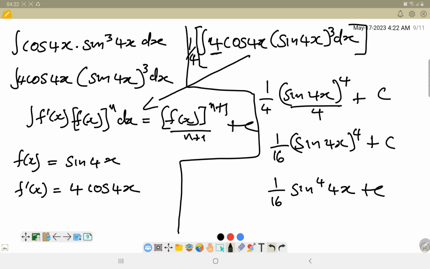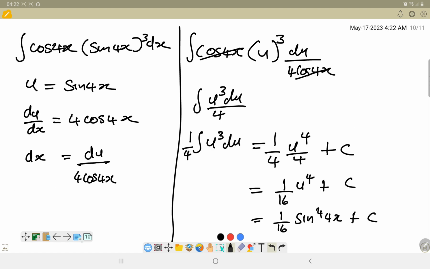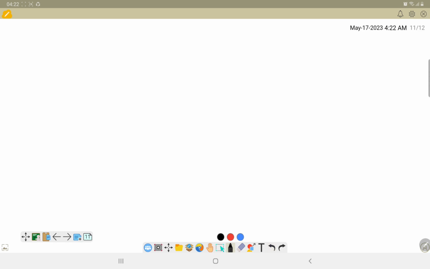So we can look at one more problem where we are still looking at trigonometry, but this time around we are no longer looking at cos and sine.